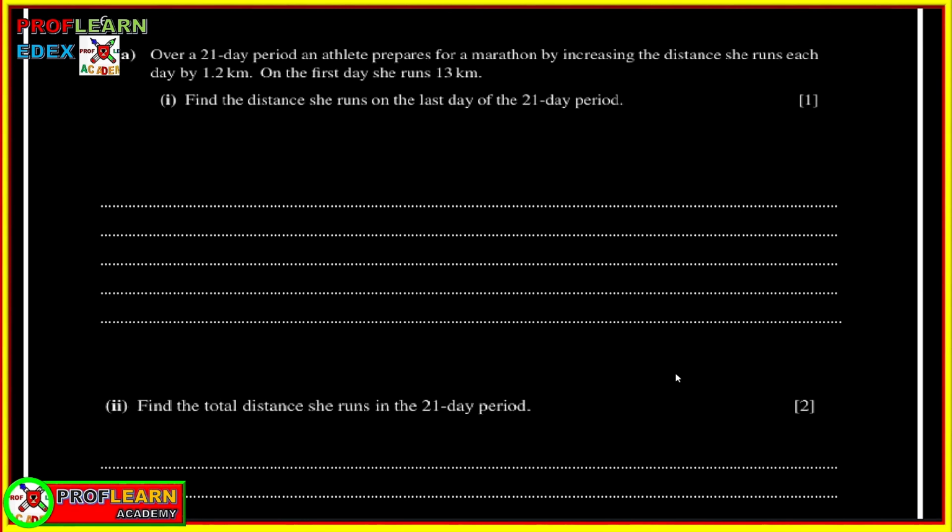This is actually an arithmetic series, and 1.2 is the common difference, 13 is the first term. Now, in order to work out the 21st term, that is the nth term, we are going to use the formula a plus n minus 1 into d.